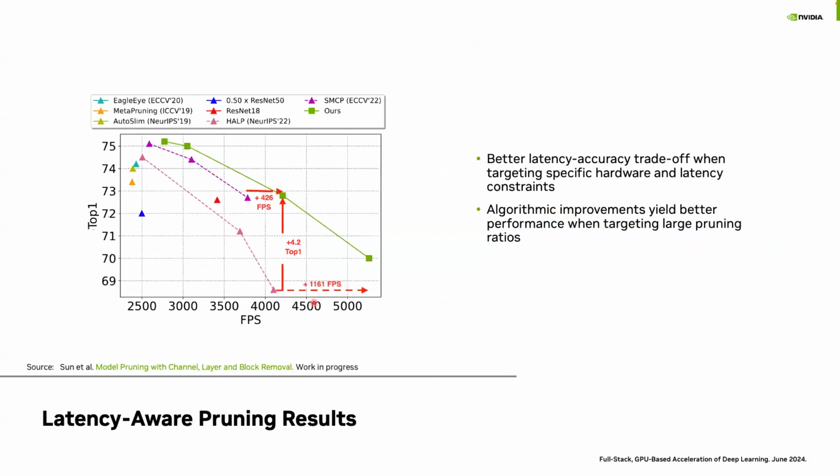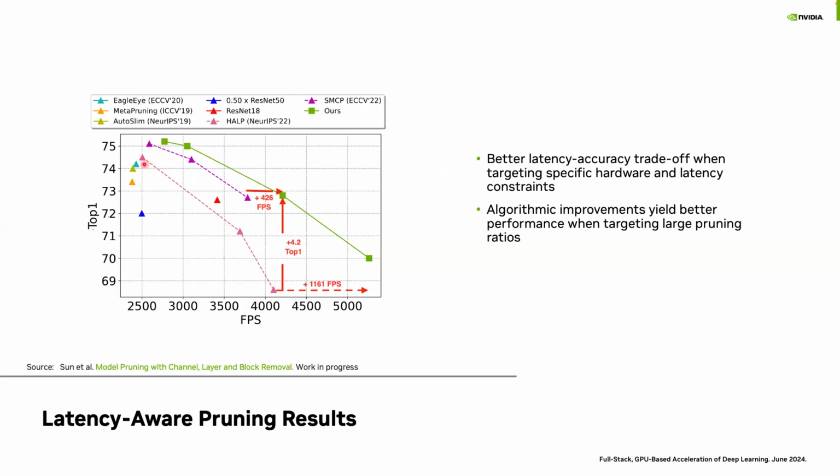And here are more comparison results of different pruning methods on the entire model. The pink line is when we take the specific latency characteristics into consideration during pruning, and compared to generic pruning, it achieves a better latency and accuracy trade-off.